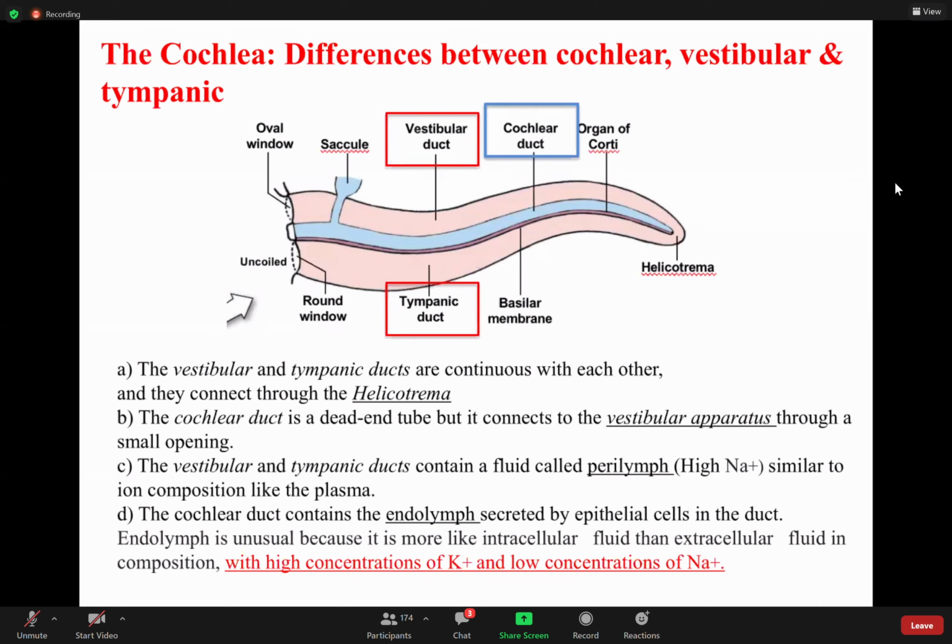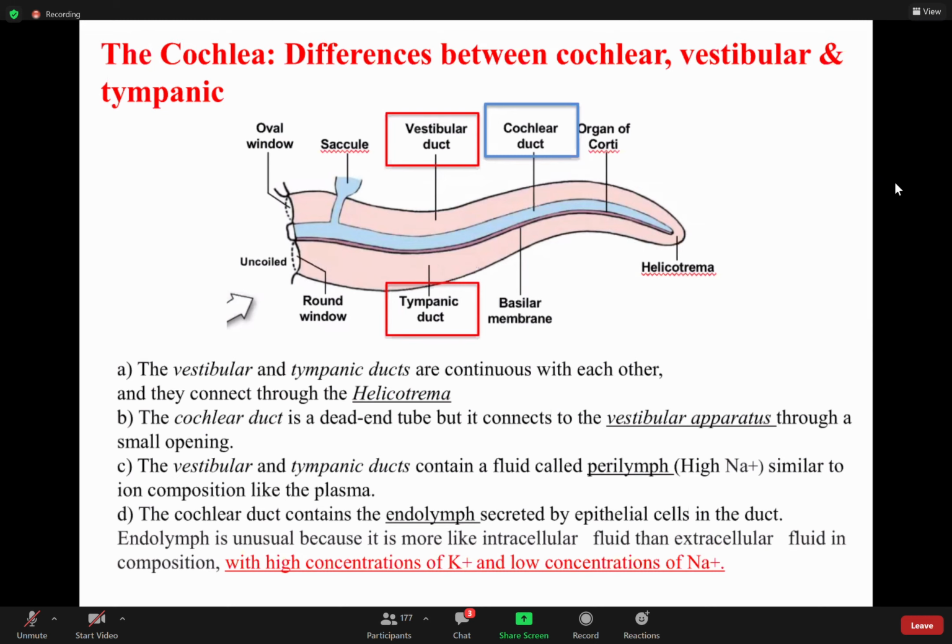So one main difference between the cochlear duct and the vestibular and tympanic ducts is that the vestibular and tympanic ducts are connected to each other through the helicotrema. Although the cochlear duct is a dead end, the only other organ with which it communicates is the vestibular apparatus that gives us balance, which we're going to see later on.